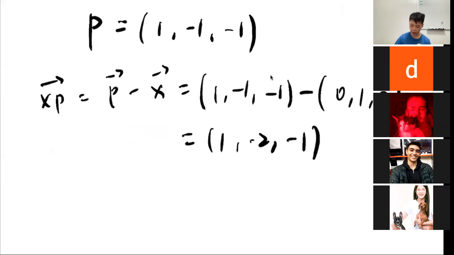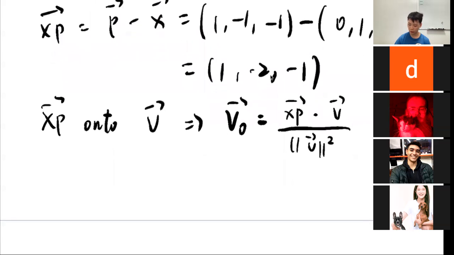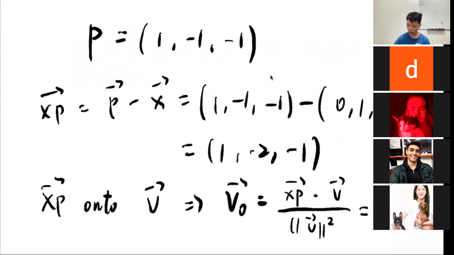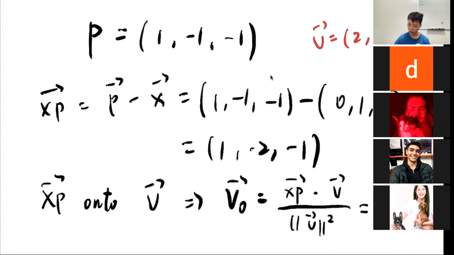So if we project XP onto V, what we get here is that V naught is XP dot V divided by the length of V squared, times V. So what is XP dot V? Let's write it down. (2, -1, 3).